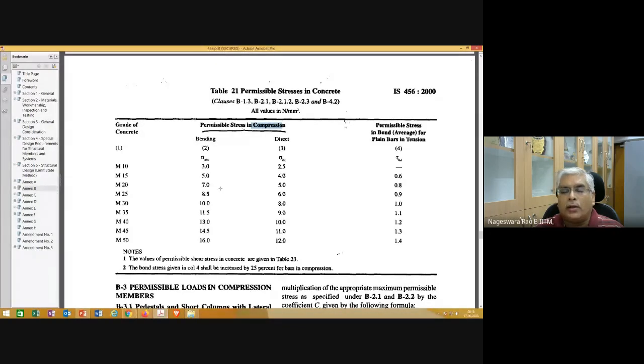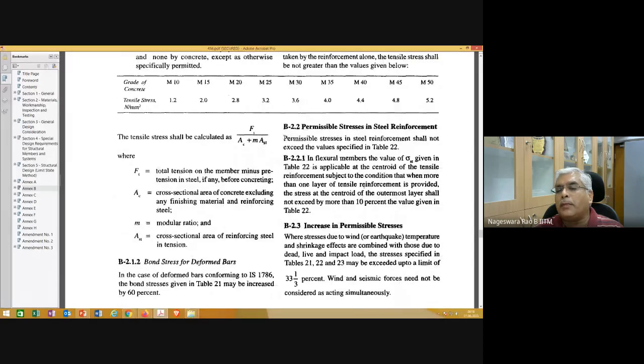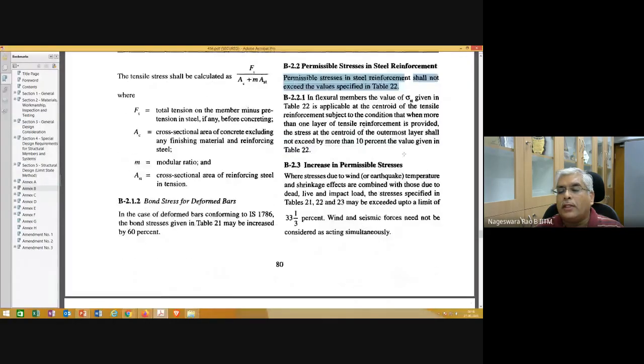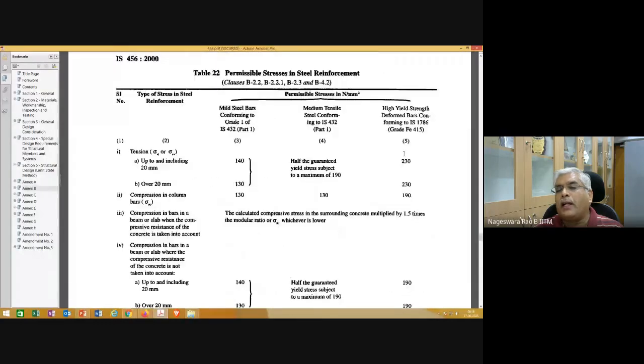Okay. And now what about permissible stresses in steel? Permissible stresses in steel reinforcement shall not exceed values specified in table 22. So table 22 is giving you, for different types of steel, what should be the permissible value that we need to use under different situations. In the sense, if there is only tension, you can see here.